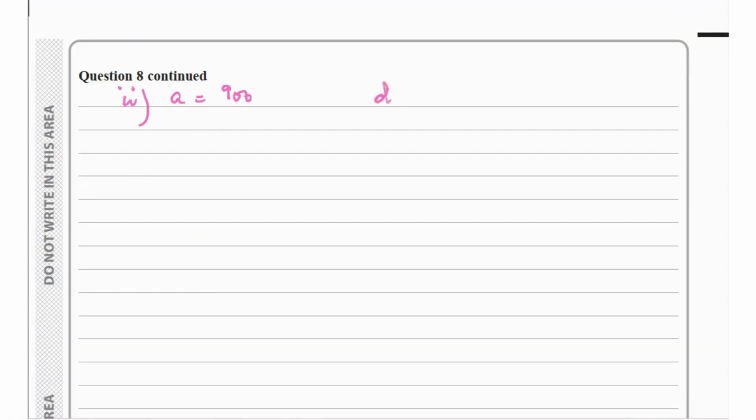So a is going to be 900. Common difference is going to be 892 minus 900, which gives us a value of -8. Now for the nth term, we know that the last term was given as 500. So 500 is basically equal to a plus n minus 1 times d.